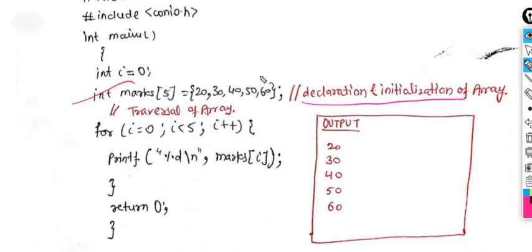So here we have declared and initialized it, and with the help of a for loop we are accessing every element with the help of index values. i is a variable that we are taking here for indexing purposes, and we are printing each and every value on the next line. marks[0], 20 value it will print, marks[1], so it will print each one. This is a constant value you are assigning here.